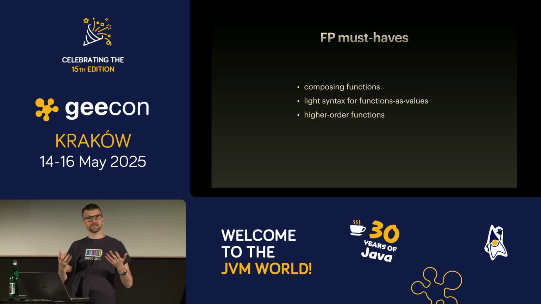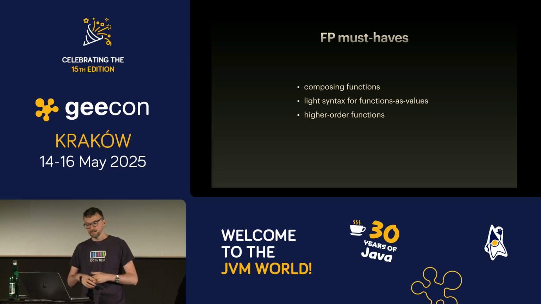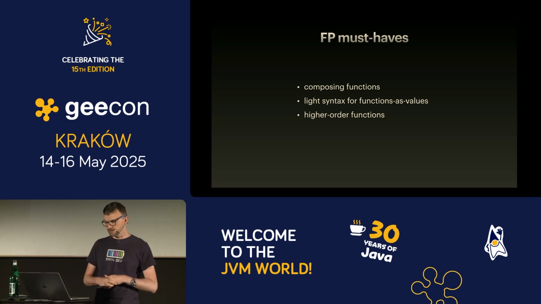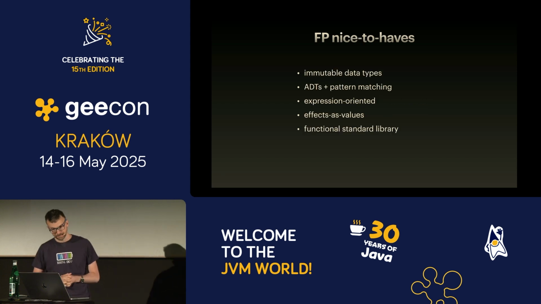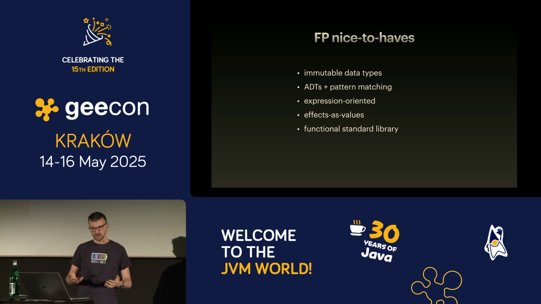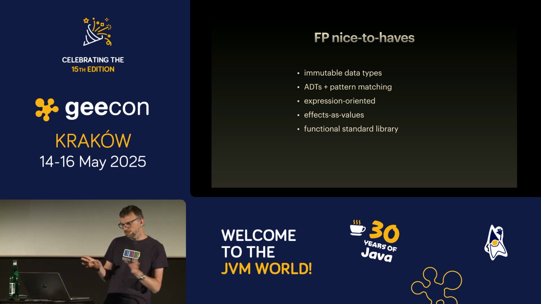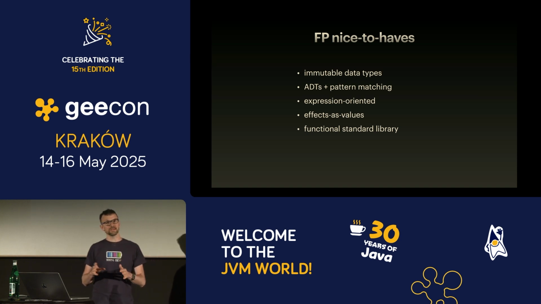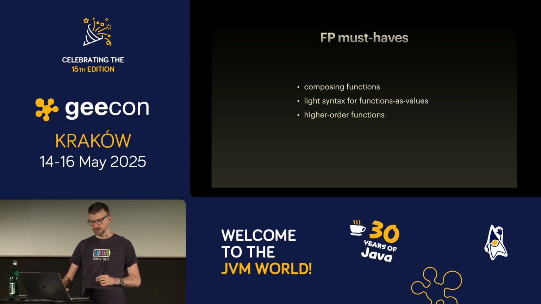There's a couple of must-haves that a functional programming language must have: composing functions, and a light syntax for representing functions as values and for higher-order functions. There's a couple of nice-to-haves, like immutable data types, ADTs, being expression-oriented, and representing concepts as values. But what is important is that purity is not on that list of must-haves, right?